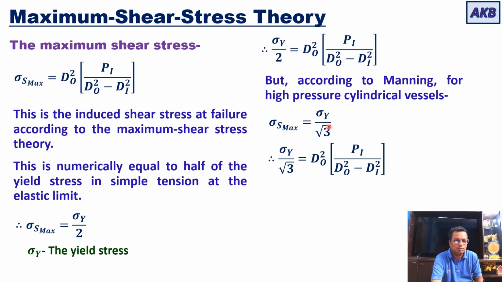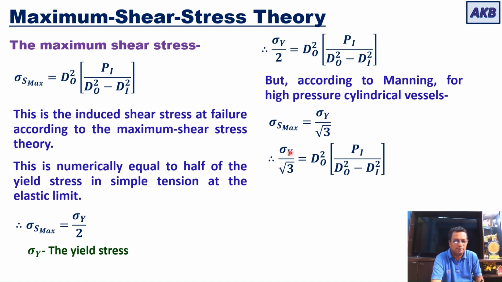Again, we are going to continue with this equation. So that means sigma y upon root 3 is equal to do square into pi upon do square minus di square. This is the more correct relation between the maximum shear stress and the yield stress at the elastic limit. So that's why we are going to continue with this.